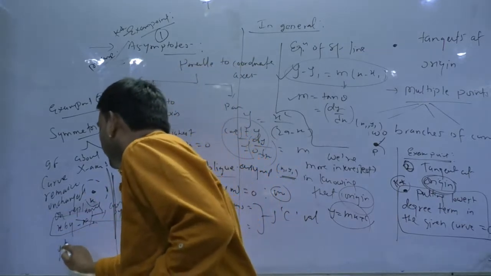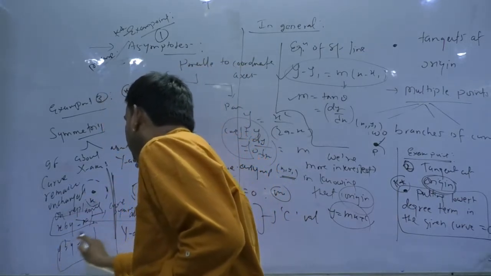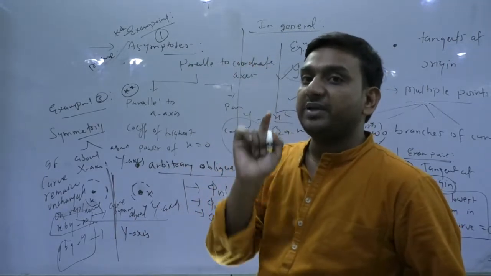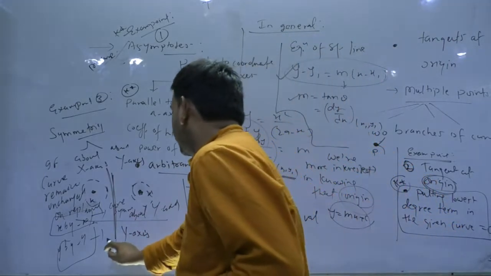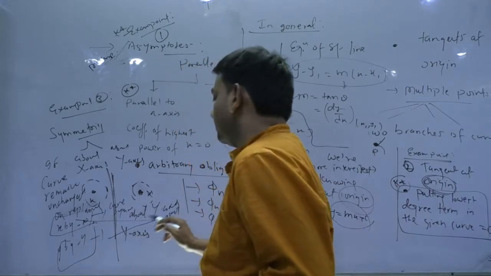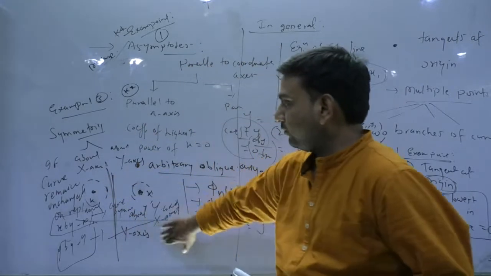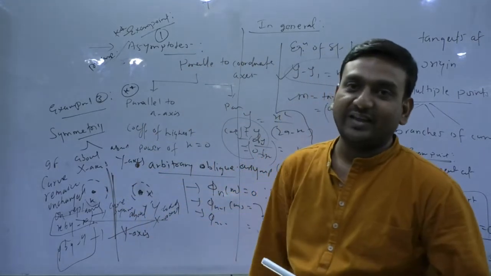And if you replace y by minus y and the curve remains unchanged, focus on the words curve remains unchanged, then the symmetry will be about the x-axis. Is that clear? And the picture is like this only. Y to minus y. Clear now?